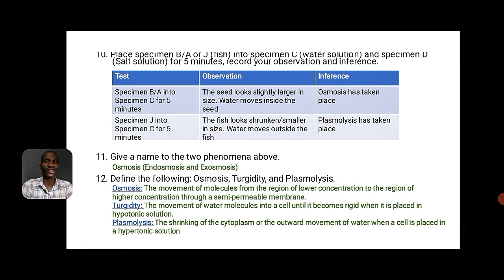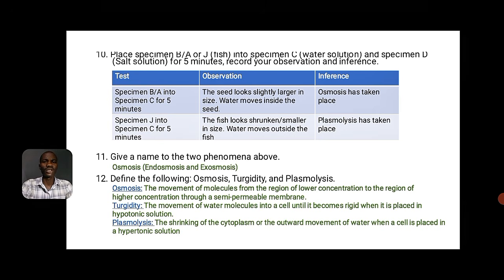Some definitions would define osmosis in terms of water or salt. If it is in terms of water, you will say from the region of higher concentration of water to the region of lower concentration of water.